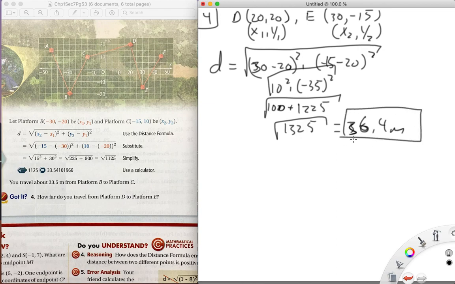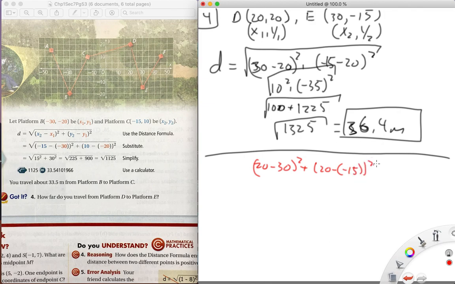And again, if I was to interchange that, I would still get the same answer. So let's do that one last time. Instead of saying 30 minus 20, I can do 20 minus 30 squared. Instead of negative 15 minus 20, I can say 20 minus negative 15 squared, square root.